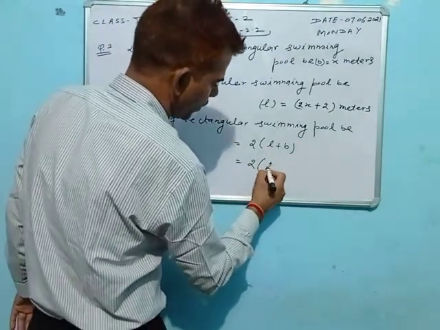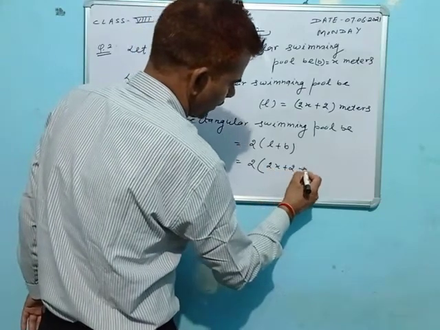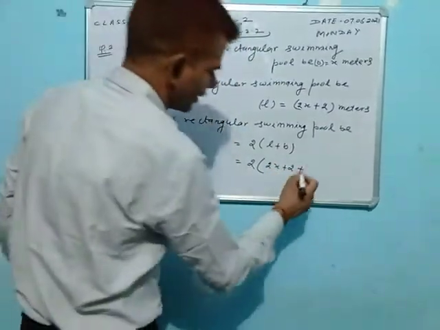L is 2x plus 2. L means length, and breadth is x.